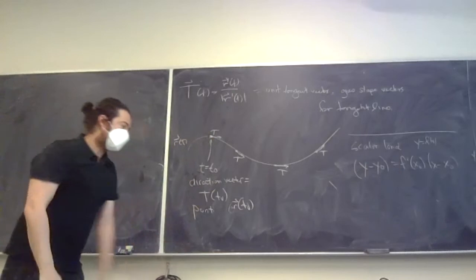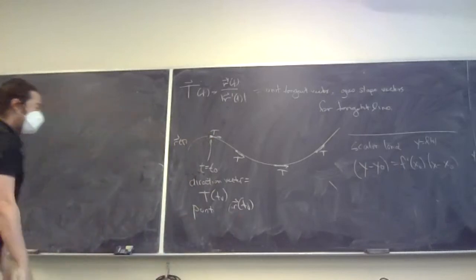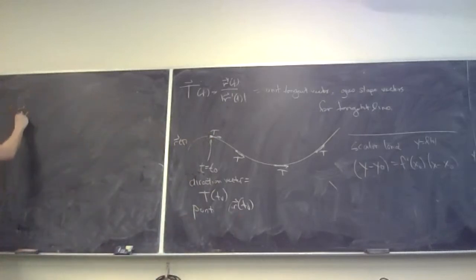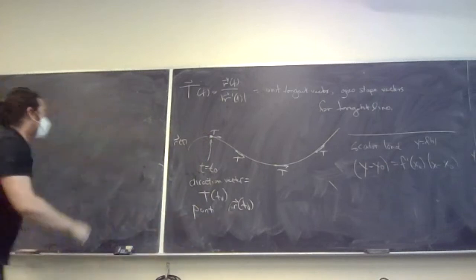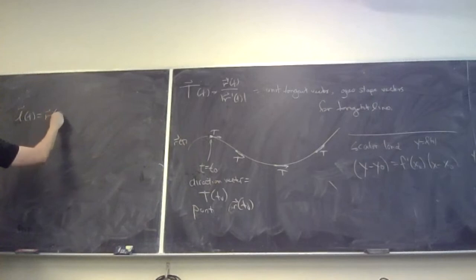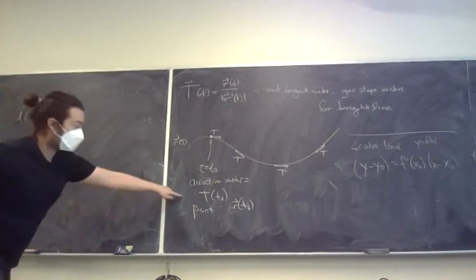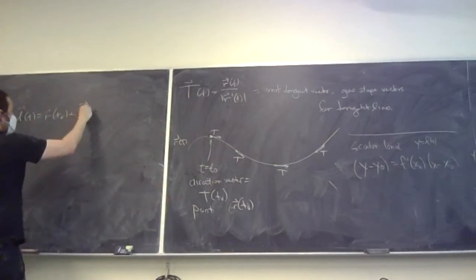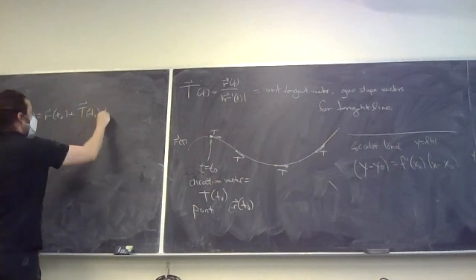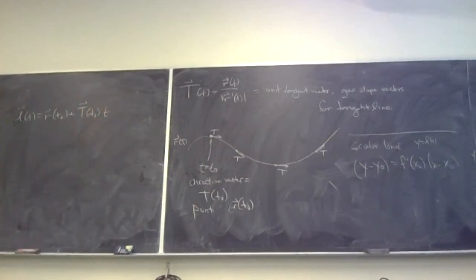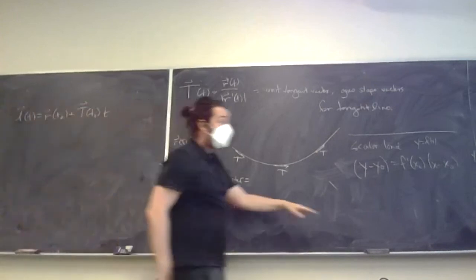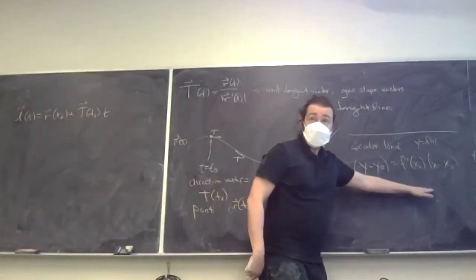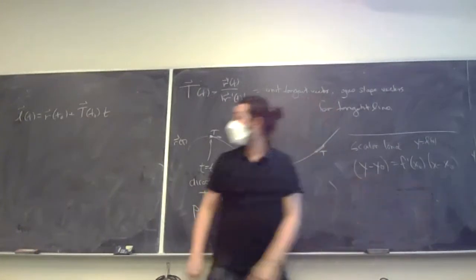So if I know the direction vector and I know the point on the curve, then I could say L of t is equal to the point that you know on the curve plus the direction vector times the parameter t. That should remind you a lot of point-slope, basically the same equation, but with vectors.